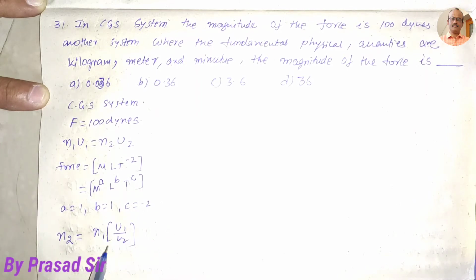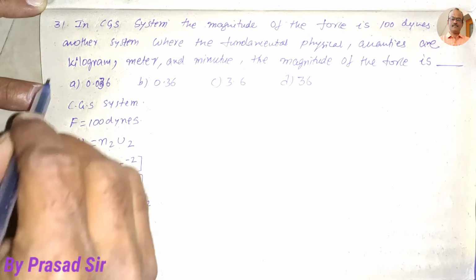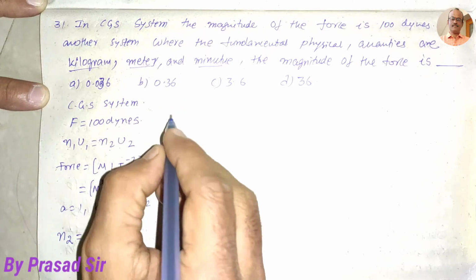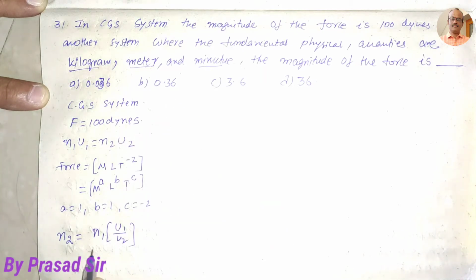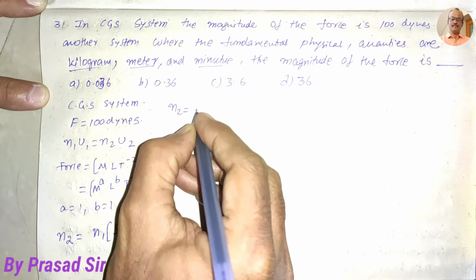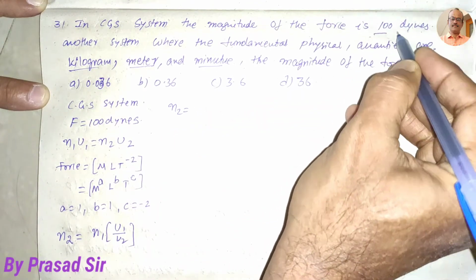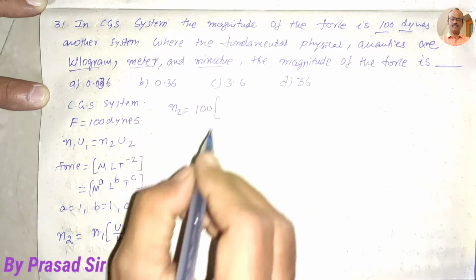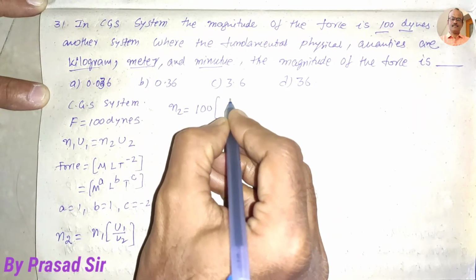This is CGS system and this is another system, that is kilogram, meter and minute. So I will write like this: n2 is equal to n1, how much is given here? 100 dynes. So that's why 100 times. So u1 means what here?